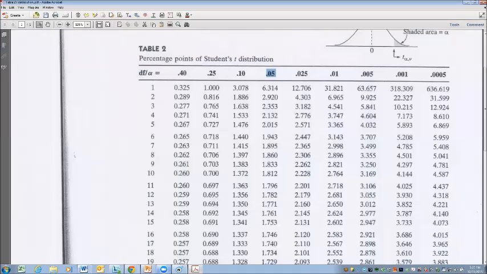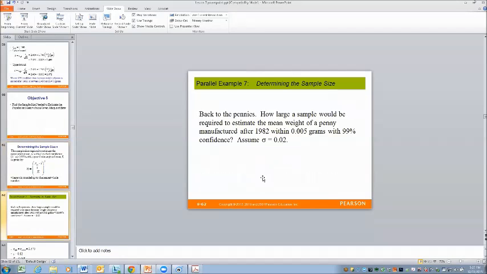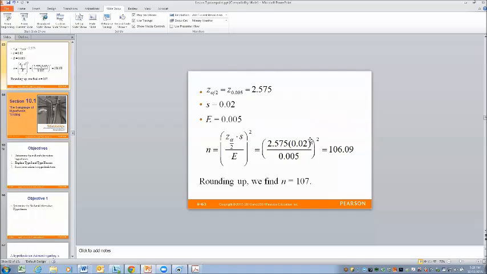So for example, we then get this formula, and let's say we wanted to be within 0.005 grams. So we wanted our margin of error to be plus or minus 0.005 grams. And we knew that sigma was 0.02, and we wanted 99% confidence.